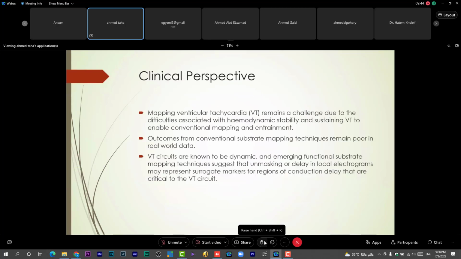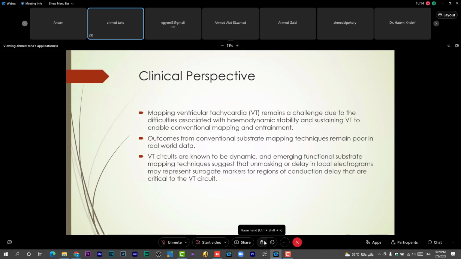Okay. The first part we'll talk about is the mapping itself. It will always be challenging, sometimes with hemodynamic instability because of the ventricular tachycardia, sometimes intolerable. So there are other options that I have discussed before about substrate mapping, the types of mapping that we use to get better data about the heart itself, left ventricle or right ventricle according to the disease.